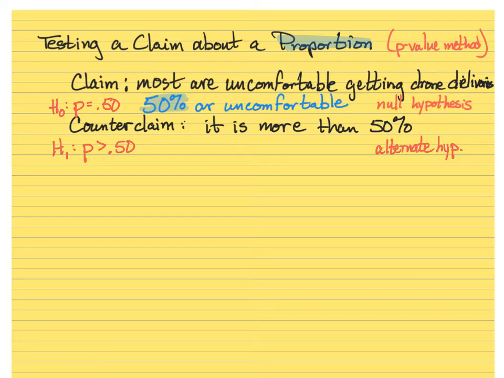All right. Now, to test this claim, if you think about it, if I wanted to disprove this claim, I would go out and gather my own data. And so that's what we do next. We gather our own data. So we survey 1,009 people.